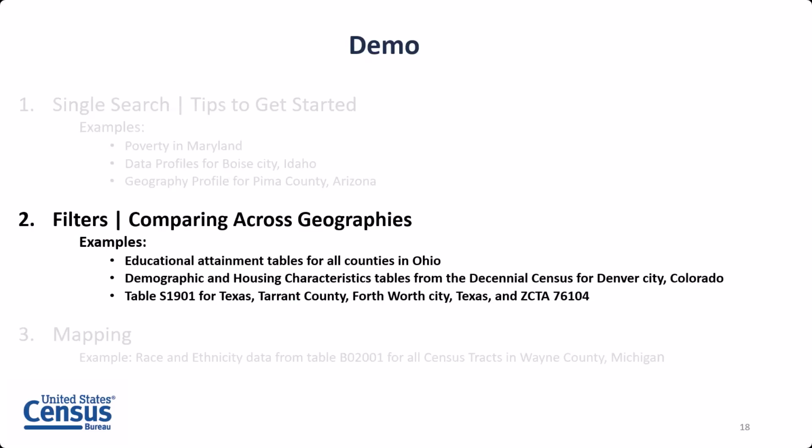And then I'm going to show you how to combine the elements of using the single search by searching for table S1901, which is an income table, for multiple different geographies in the site, within the advanced search. So we're going to do a little combination in that last example. But first up is the educational attainment tables for all counties in Ohio.